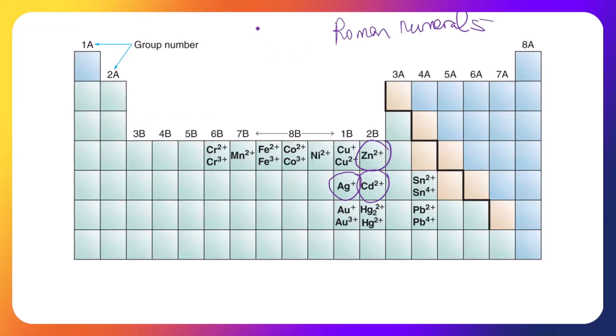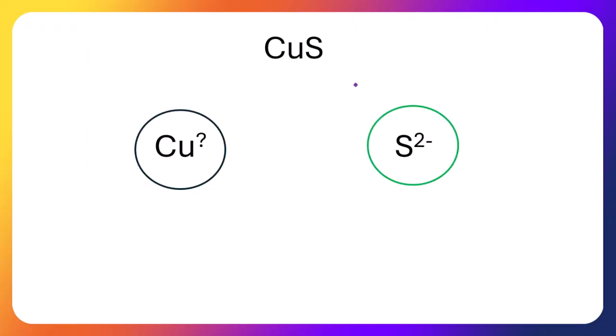Copper is one that forms variable charge, so we'd have to think about the charge of the cation that was involved. To do that, we rely on the charge of the anion that's known consistently. Sulfur is in group 6, and we know that it always forms a charge of -2.